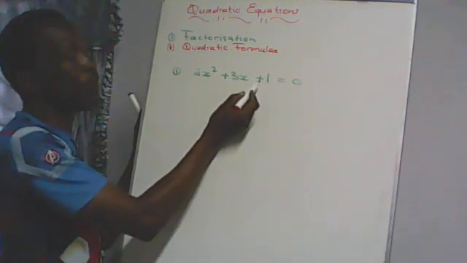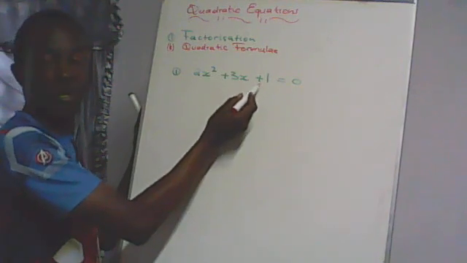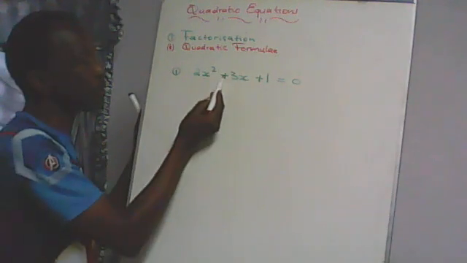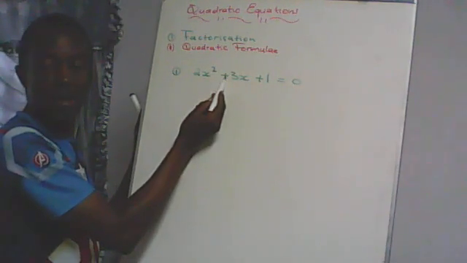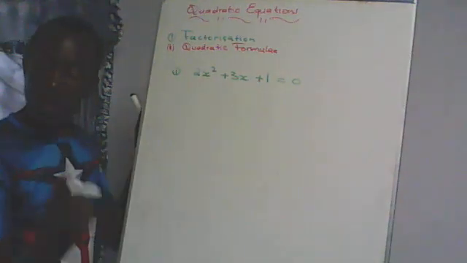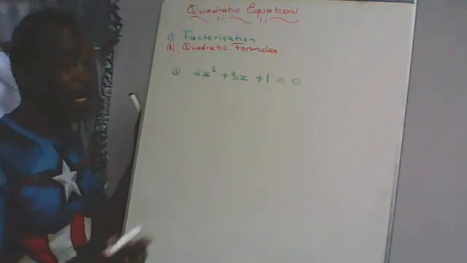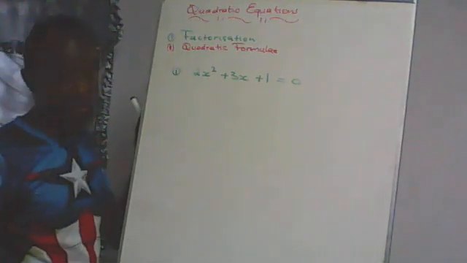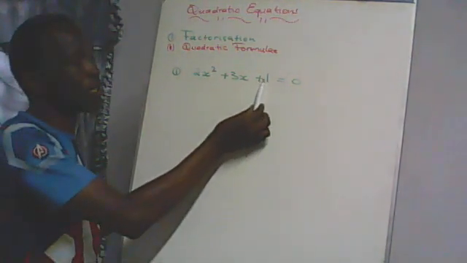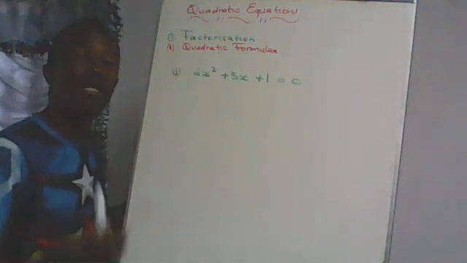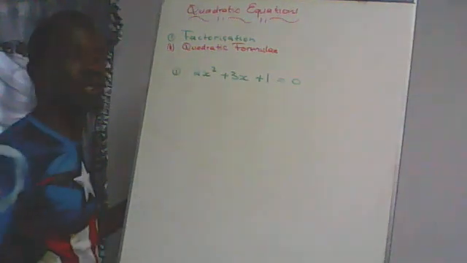If it's positive, the signs should be the same, and that should be the sign of the middle term. If it was negative, the signs should be different, and the bigger factor must take the sign of the middle term. But in this case, it's a plus sign, meaning the signs should be the same, and that should be the sign of the middle term, which is positive.